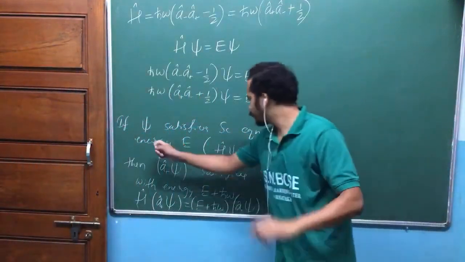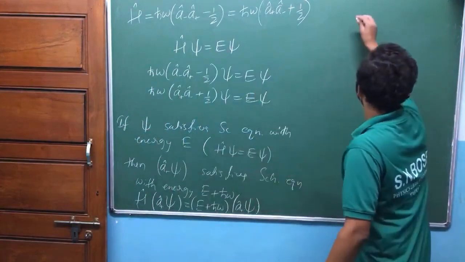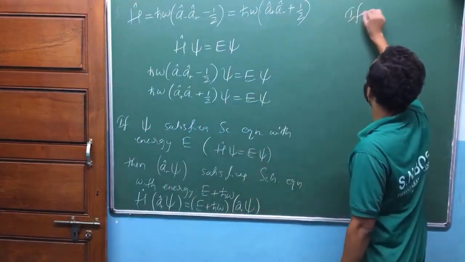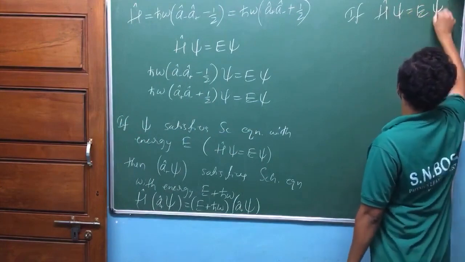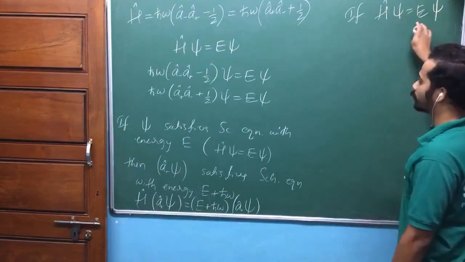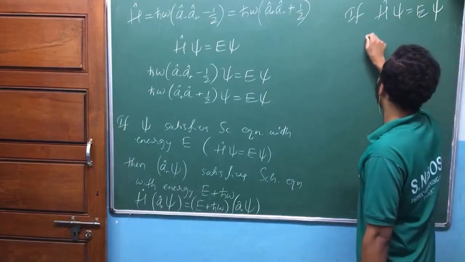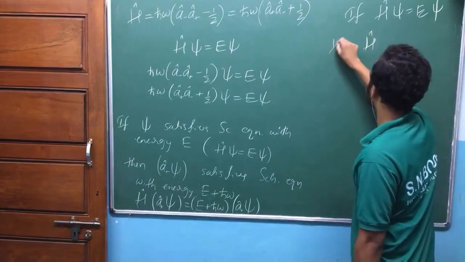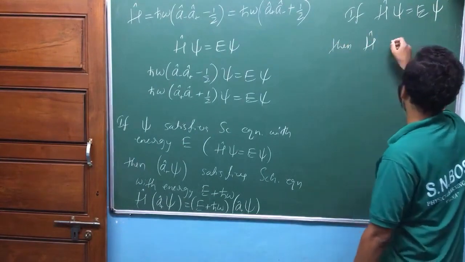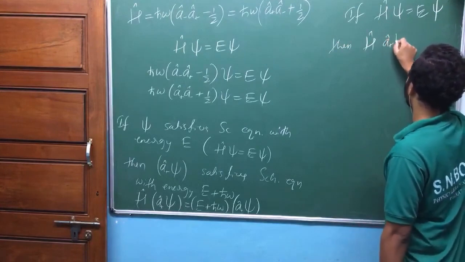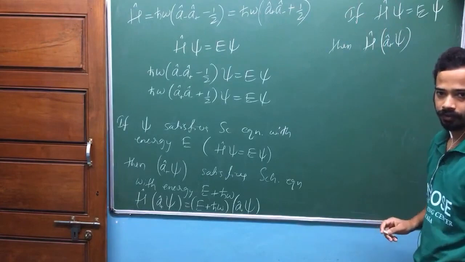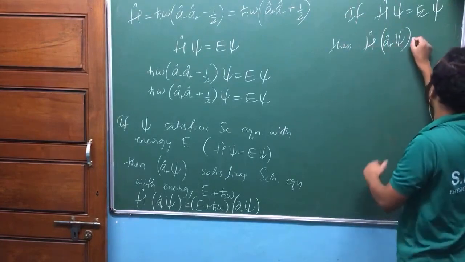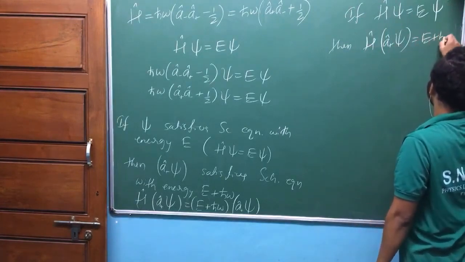If psi is the solution of, or mathematically I can write like this, if h cap psi is equal to E into psi, if psi is the solution of Schrodinger equation with energy E, then h cap a plus cap into psi. A plus cap psi is some other wave function which is a solution of Schrodinger equation with energy E plus h bar omega.